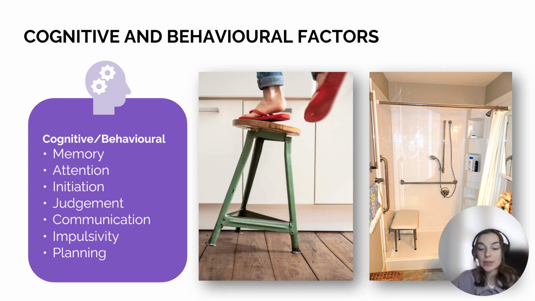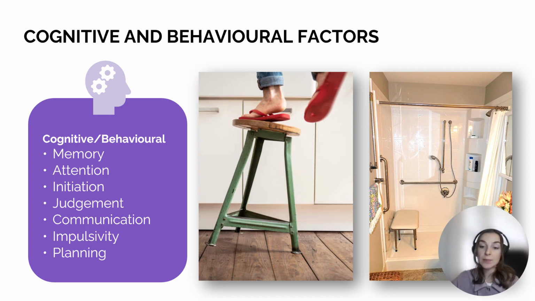Another example, and something we tend to see sometimes, is on the right here you see a bathroom setup that is equipped with grab bars and a shower chair. It's meant to support a person that has difficulty with balance. But sometimes we see, instead of using the supports that are in place, a person might still lean on the wall and their hand might slip against the wet wall.